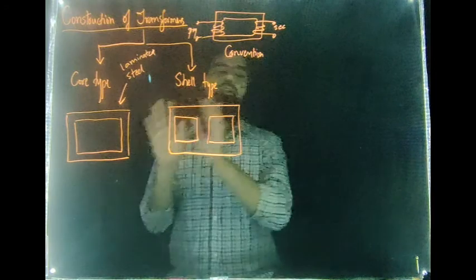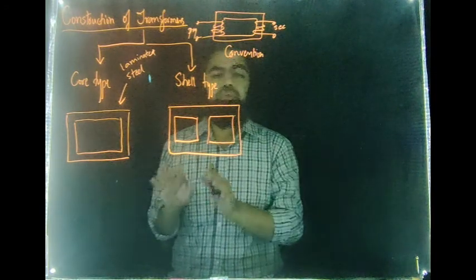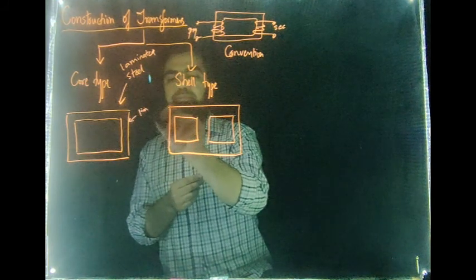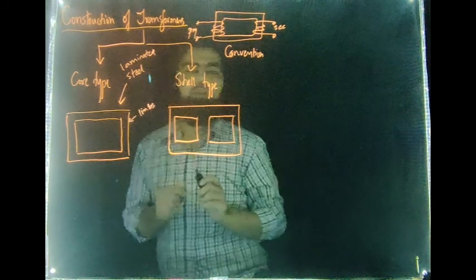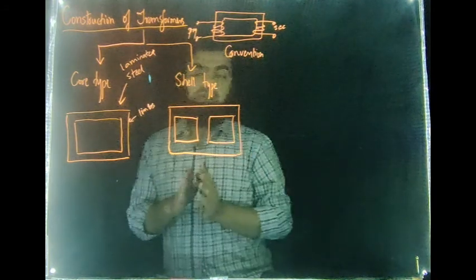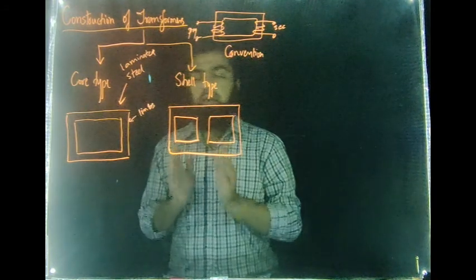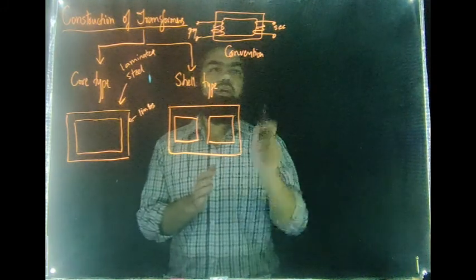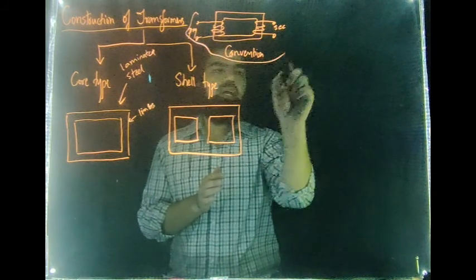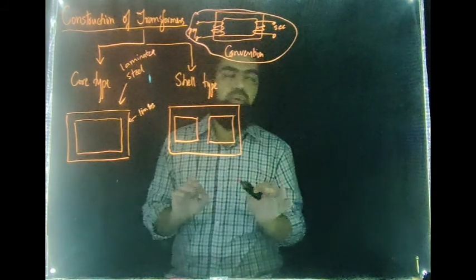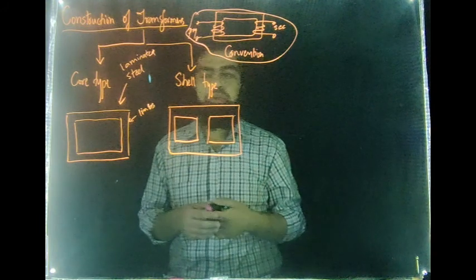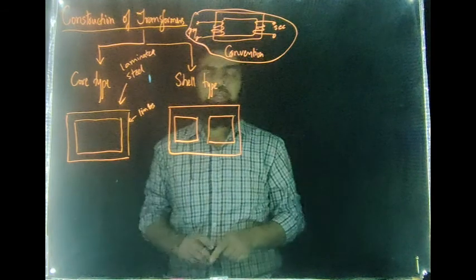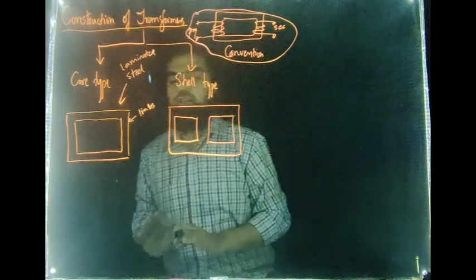You have both the primary winding and the secondary winding on both the limbs of the core. These are known as the limbs of this core. This is the main structure, made up of laminated steel, that supports the windings. The convention is to show the transformer like this, a pictorial representation that you will come across in various books, but this is not the actual representation of a transformer.